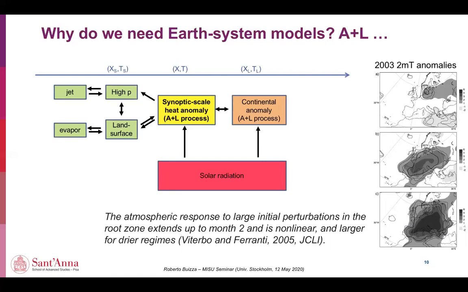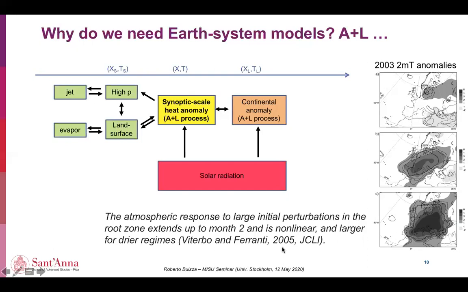Here I'm focusing more on the prediction of heat waves and the role of having an accurate simulation of soil moisture. It leads to being able to predict in a more correct way the warming that Europe experienced during the 2003 summer, when Europe was hit by one of the more intense heat waves of the past 40 years or so.